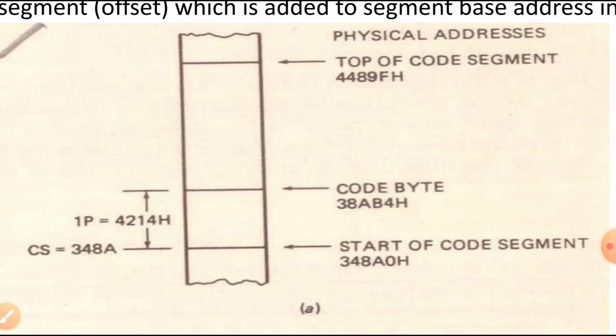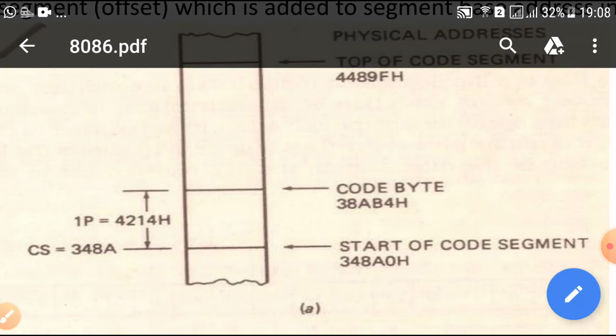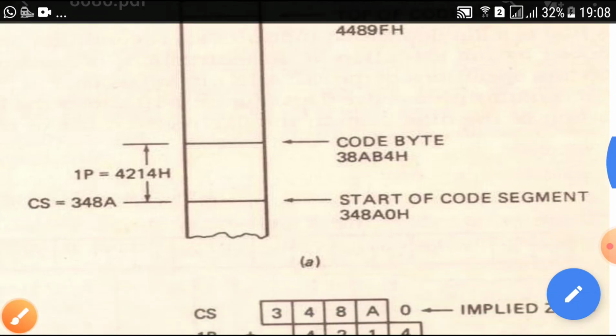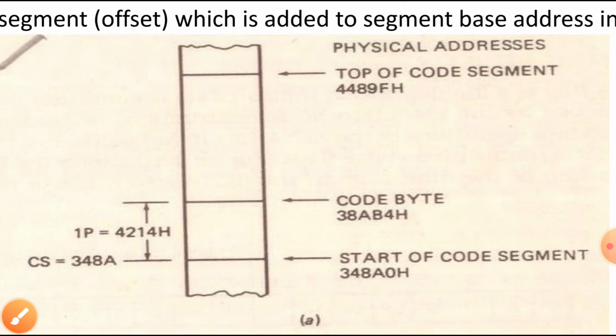Suppose we want to fetch a memory location, and the code segment is given as 348A as the address. The code segment is a 16-bit register, so 16-bit information is being stored in that. CS is having the 16-bit value 348A, and the instruction pointer is having 4214. The process of generating the 20-bit address is very simple.